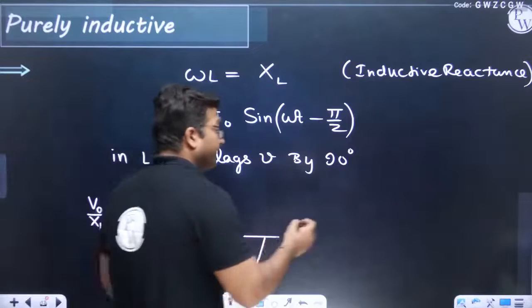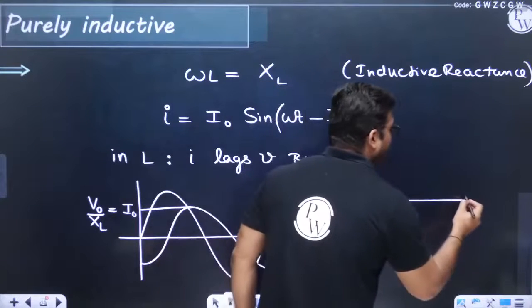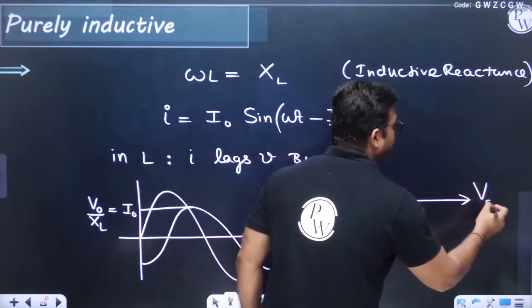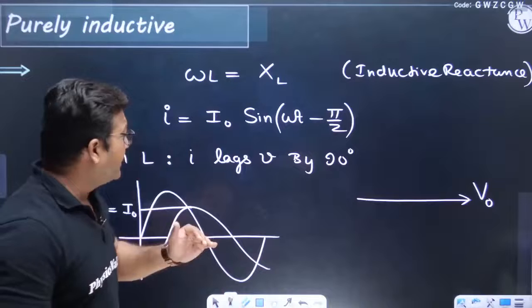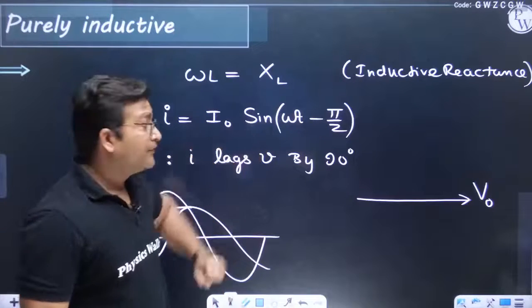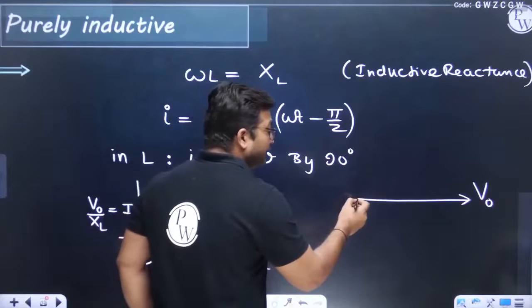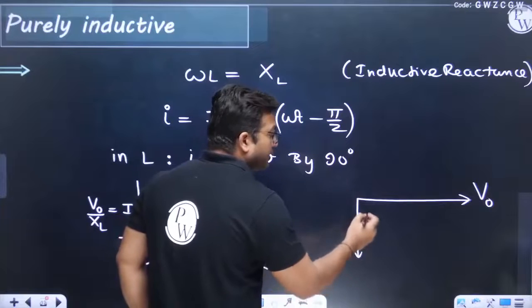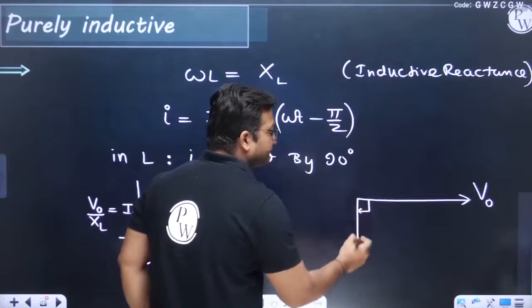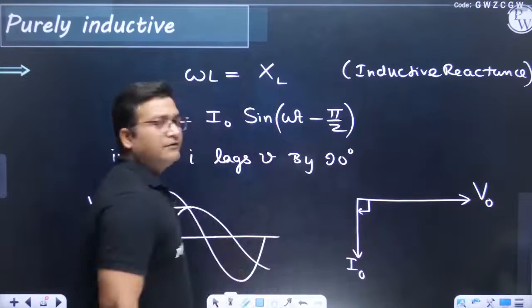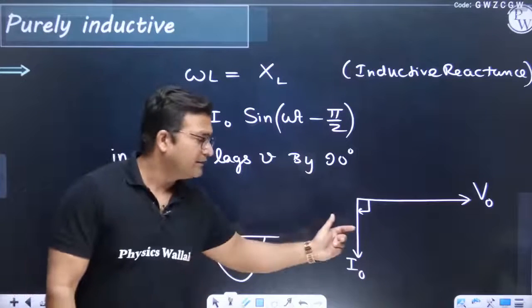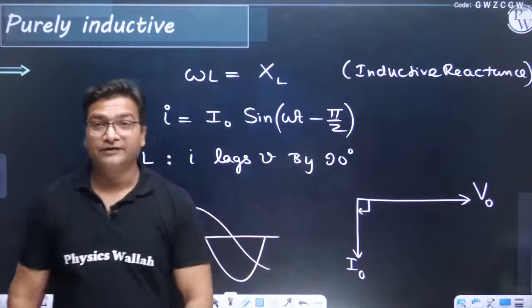Now if we draw the phasor, the voltage can be drawn like this. The first phasor you can draw in any direction, but the current is 90 degrees lagging. So if it is lagging, we must draw it in clockwise direction with respect to voltage. This is the phasor of a purely inductive circuit.